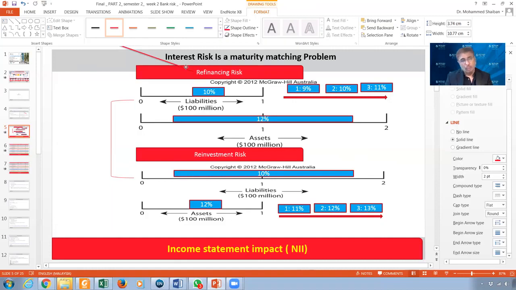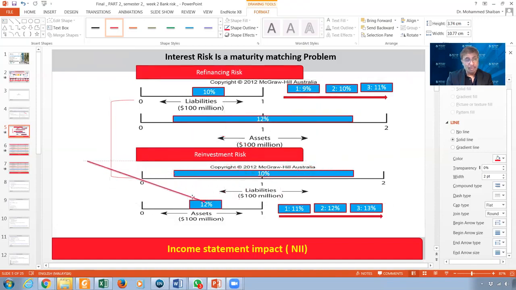Now, let's look at the case from a different perspective. The same 100 million, but this depositor wants to put it with me for 2 years. However, the business company wants it only for 1 year. The second year, this guy will receive from me a 10% fixed rate for 2 years.